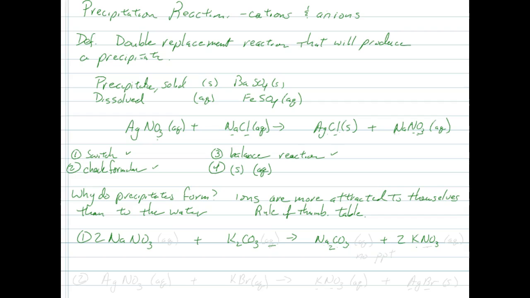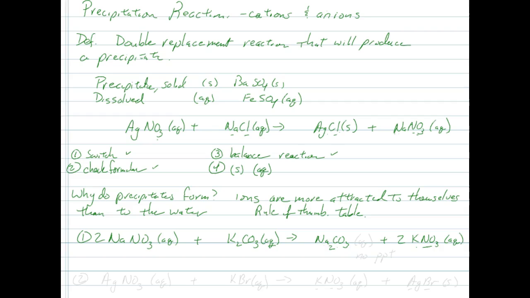As a helpful hint, on the left-hand side, they are always aqueous because you will always have a clear solution to start with. And then looking on your rule of thumb table, if it ends with NO3, it's always aqueous. Done deal.